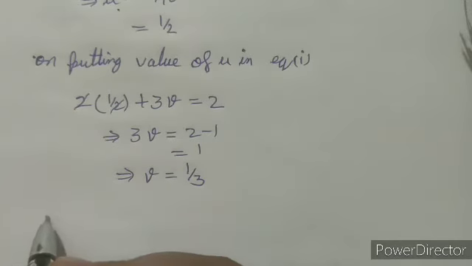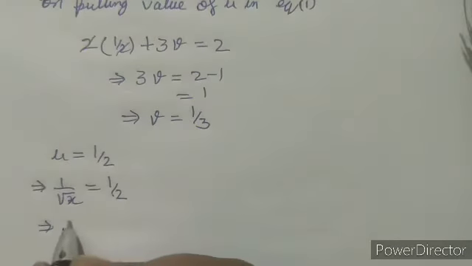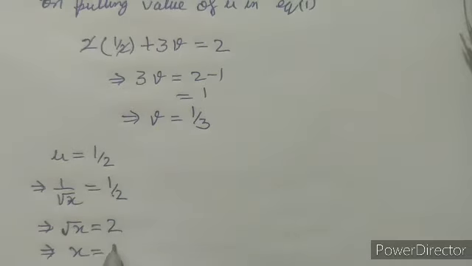Thus here we are getting u as 1 by 2, and we have taken 1 upon root x as u. So we can say 1 upon root x equal to 1 by 2, and that means root x equal to 2, or you can say x equal to 4 on squaring both sides.